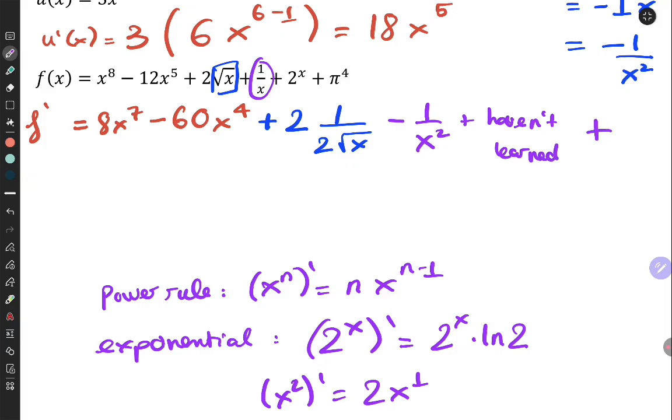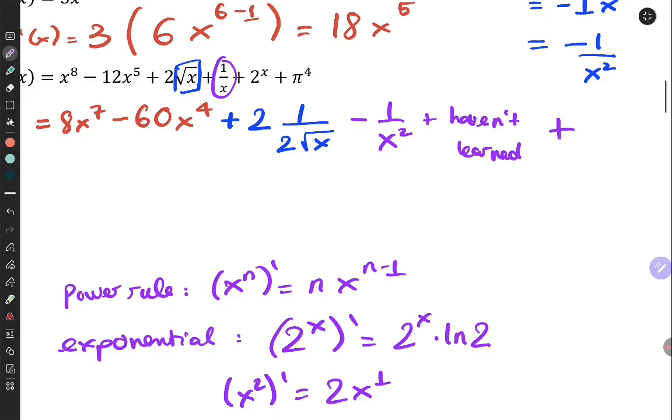But pi to the power 4, you learned that. Which number haven't I got? 0? Beautiful. 0. Why? That is a constant. Pi is a number, 3.14, right?